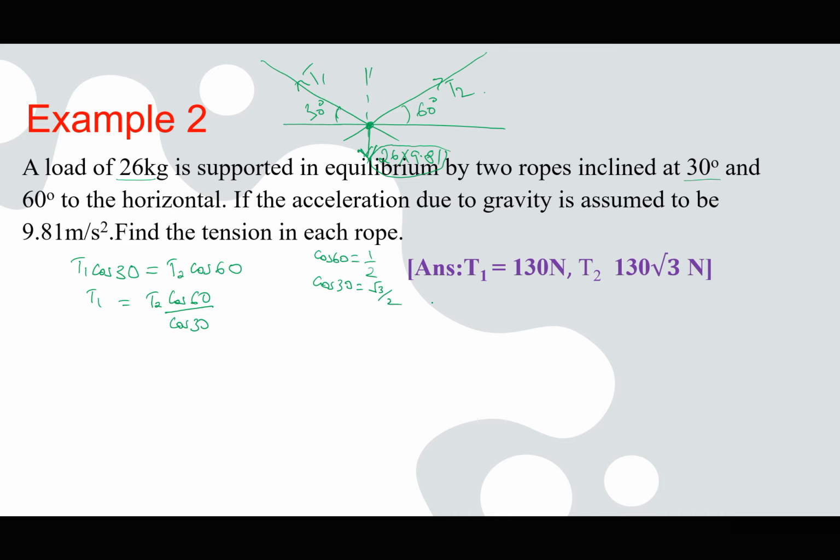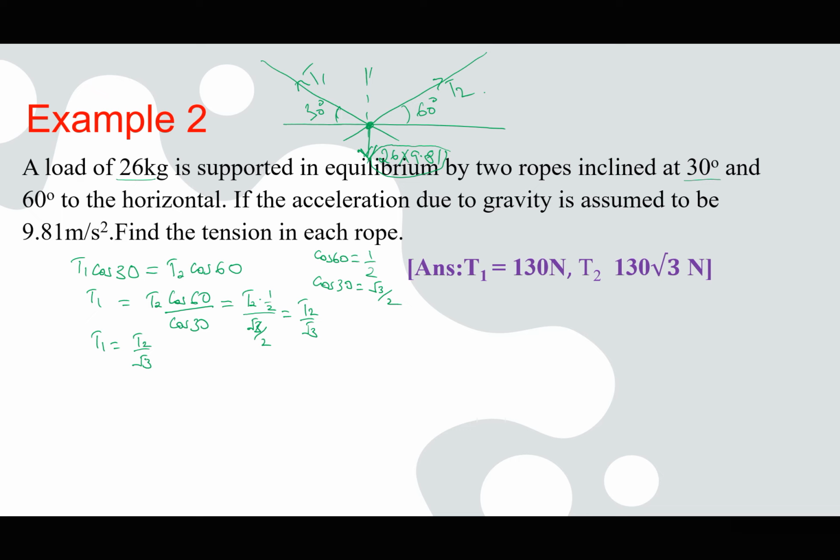So it means we can say T1 is going to be equal to T2 times a half divided by root 3 over 2, which is the same as T2 divided by root 3. So T1 is the same as T2 divided by root 3.